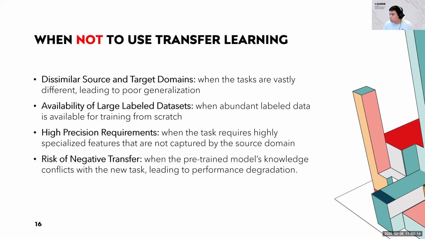Then the feature extraction and fine-tuning are using ImageNet pre-trained weights. Yes, the models that we use for the fine-tuning and the feature extraction are initialized with the ImageNet pre-trained weights. That's the correct understanding for those three approaches.